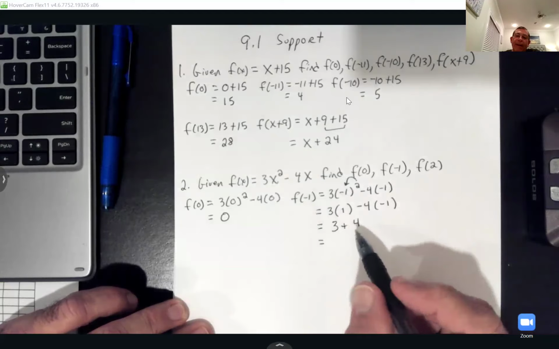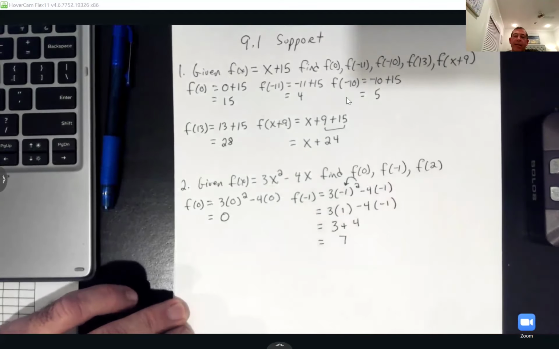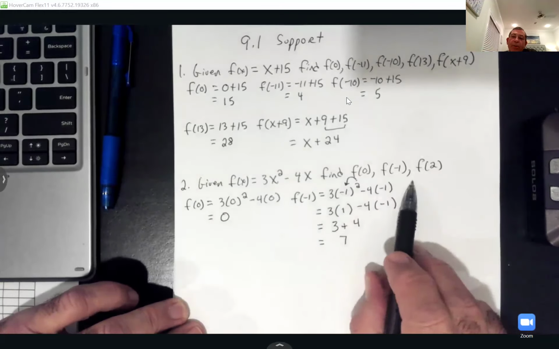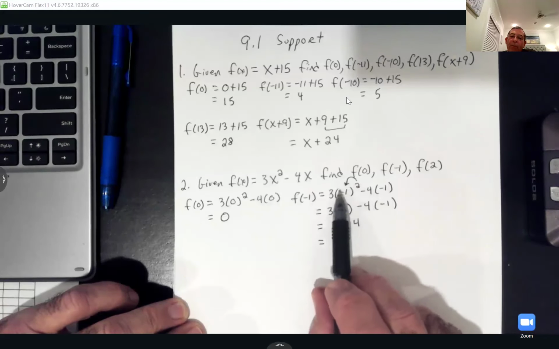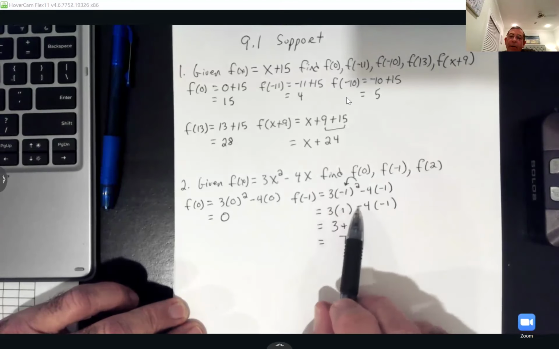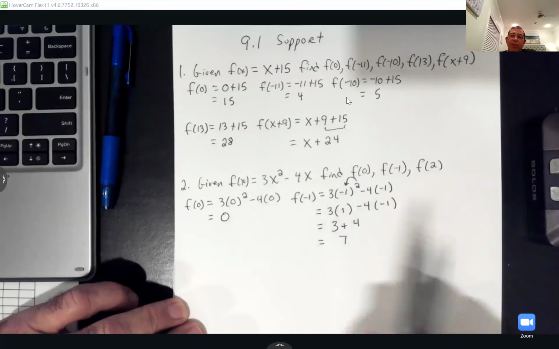All right, then final step, 3 plus 4 gives us a 7. So be careful on negative numbers. The biggest mistake I get is people do -1 and square it on a calculator without parentheses, and they get 3 times -1 here, minus 4 times -1. So that one sign will kill you, okay?